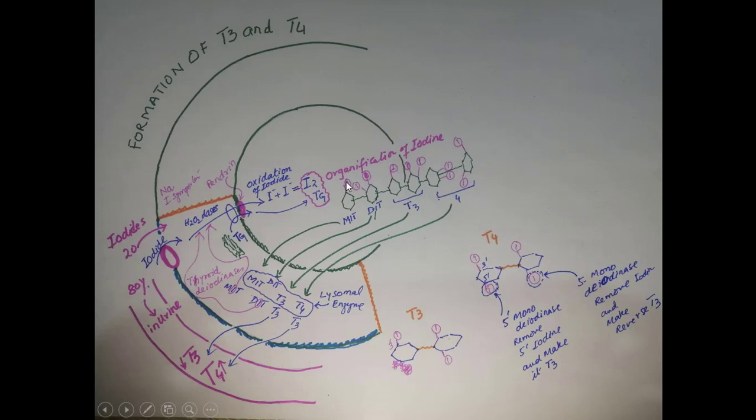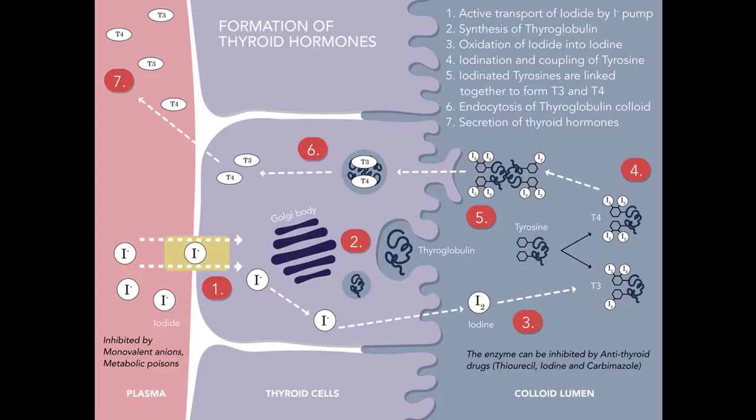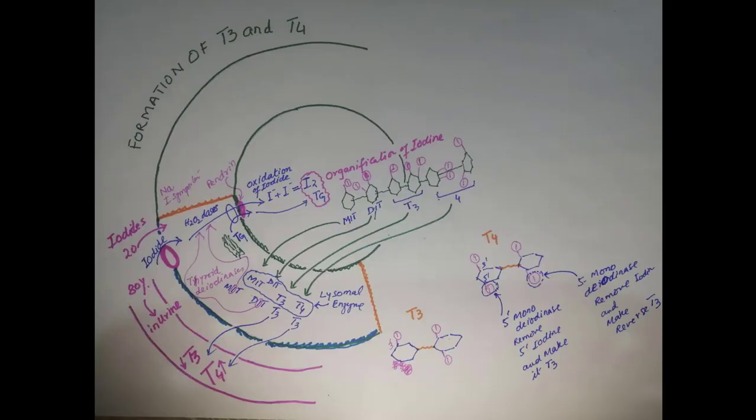This is known as the monoiodotyrosine. Some of the tyrosine molecules will be joined by two iodine molecules. These are known as the diiodotyrosine.